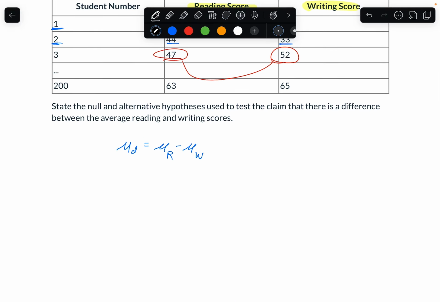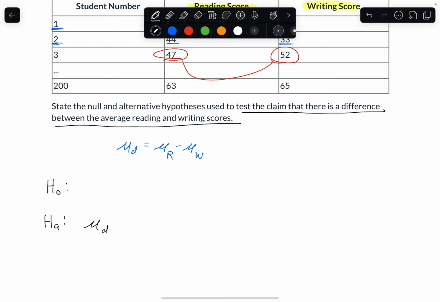So in this problem, for our null hypothesis and our alternative hypothesis, as usual, I'm going to start with the alternative hypothesis because I think it's easier to look at the claim that's being made. So we want to test the claim that there is a difference between the average reading and writing scores. Our parameter, we just said, is the mean of the differences.